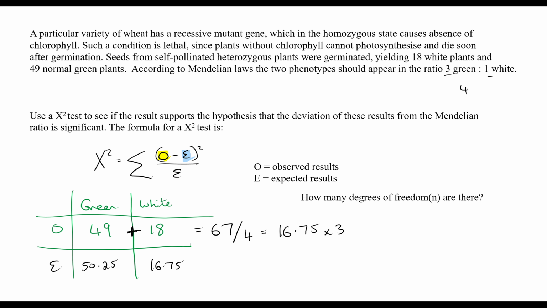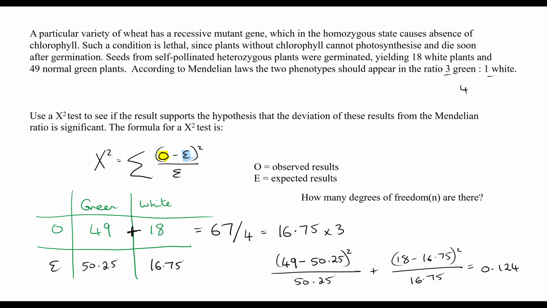So what they now want us to do is to substitute that in. So if I know my observed, for example, is 49 minus 50.25 squared divided by 50.25, plus my 18 minus 16.75 squared divided by 16.75, that will give me an answer which is 0.124.